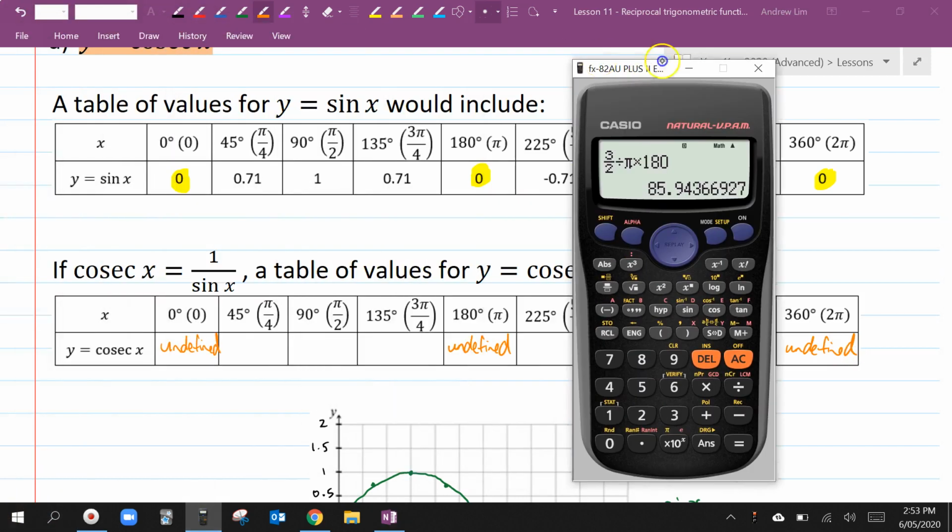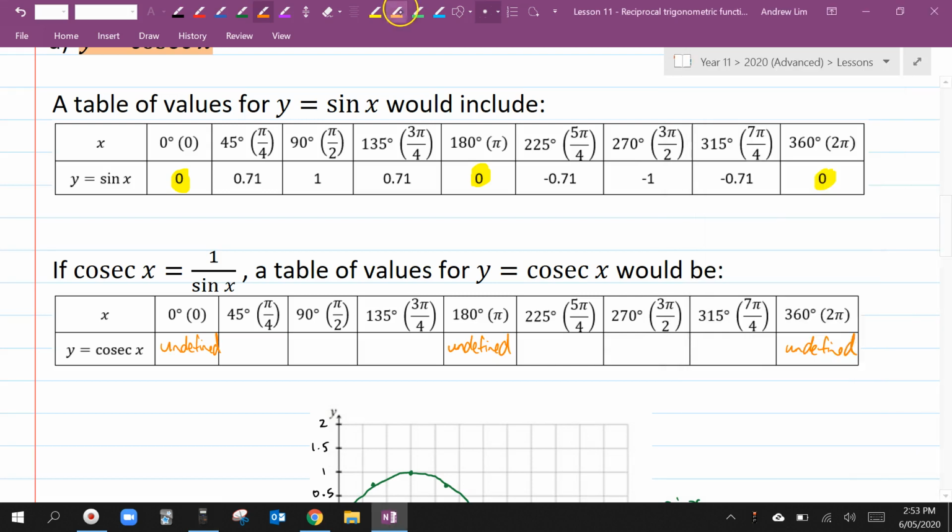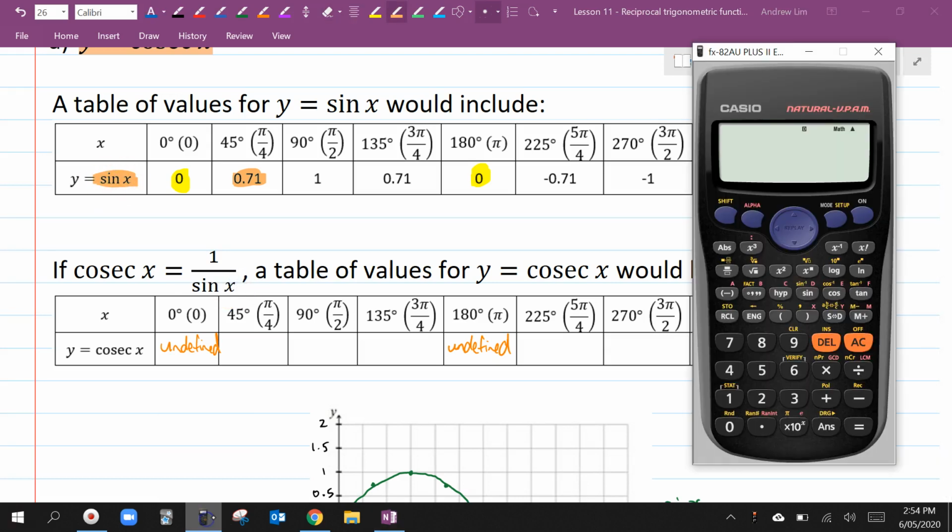Okay, let's use our calculator to work out some of the other values. If we take 1 and divide it by 0.71, because remember, sine of x is in the denominator, and this is sine of x, we will get about 1.4.